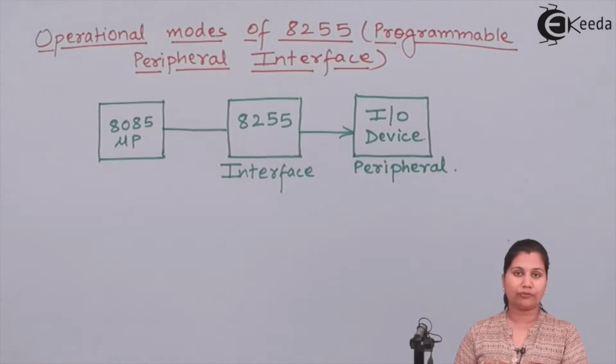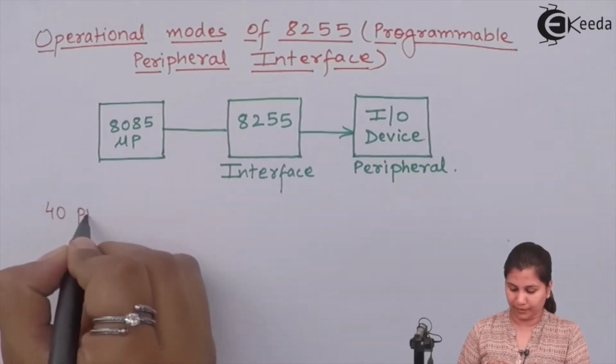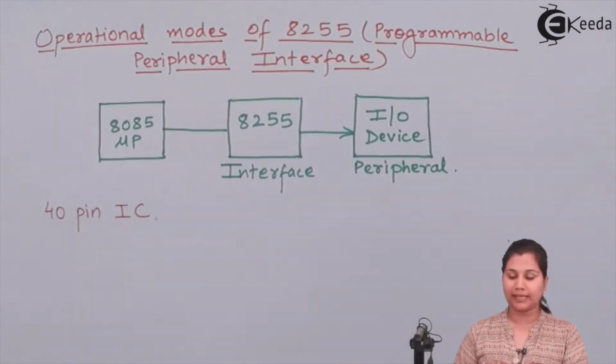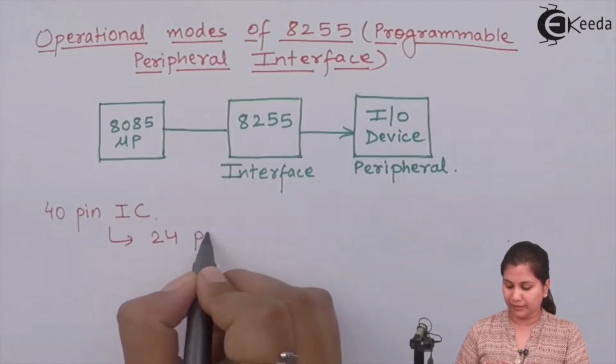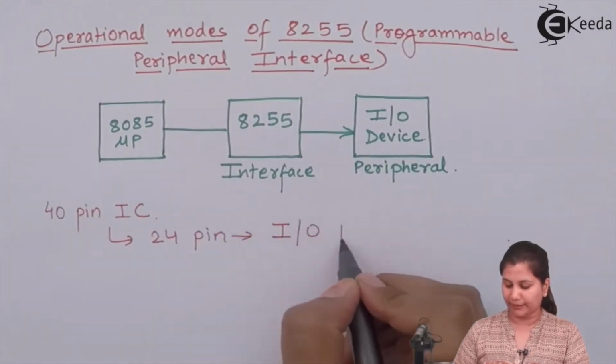Now this 8255, we know that it's a 40 pin IC. Out of these 40 pins, there are 24 pins which act as input output pins.